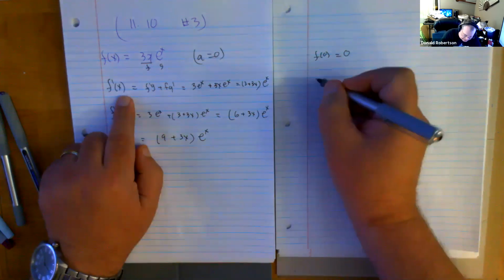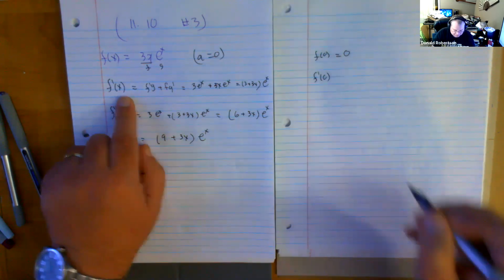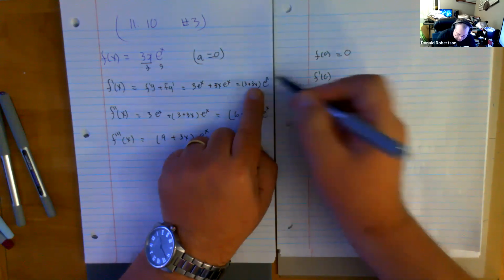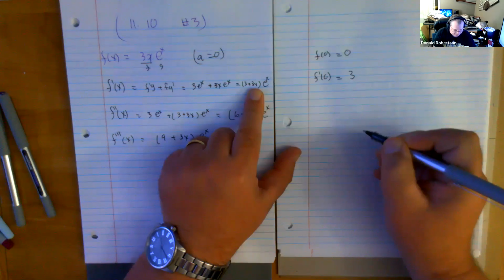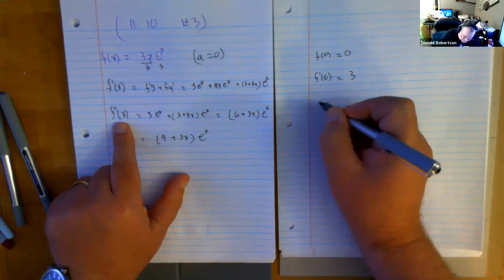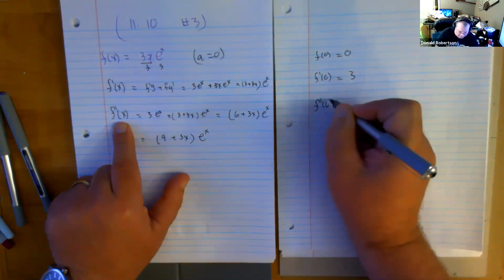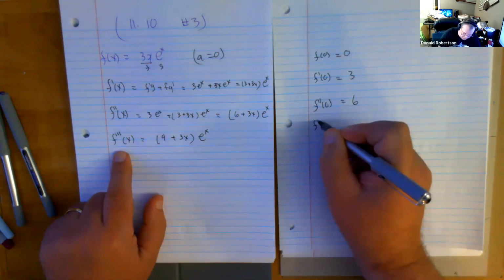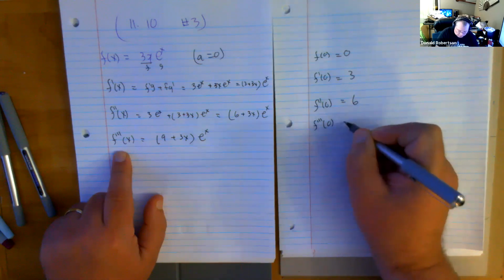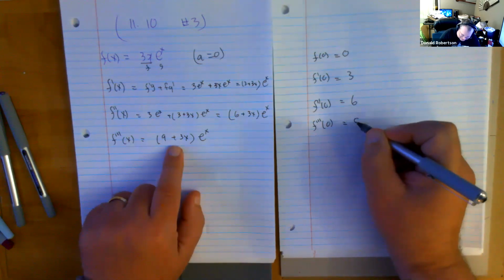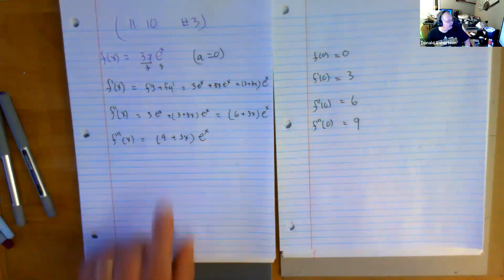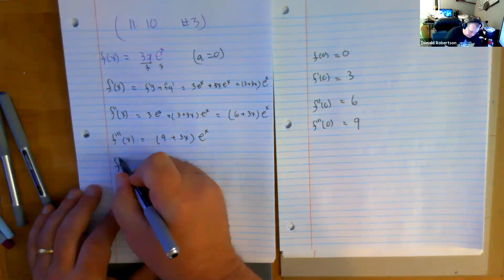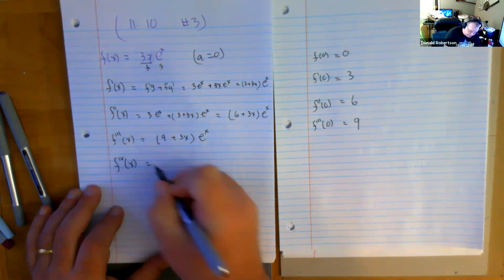If you find f dash of 0, you plug in 0 here, you get nothing, but 3 here, and e to the nothing, you get 3. If you plug in 0 in the second derivative, you'll get 6. If you do it to the third derivative at 0, you're going to get 9. And since I need 4 non-zero terms, I think I need one more derivative because of that.